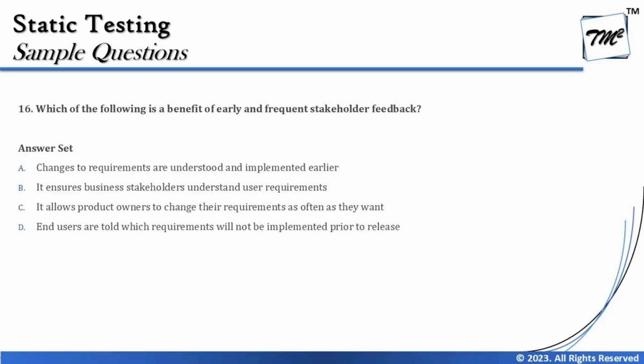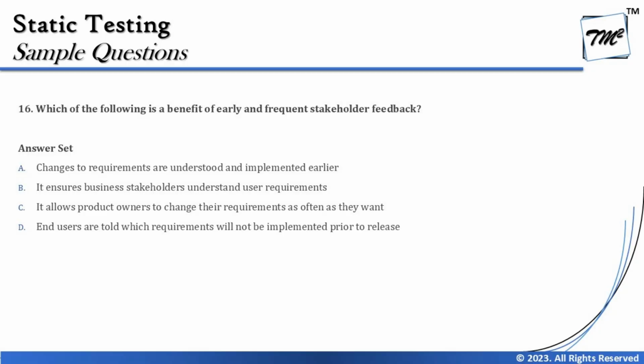Let's go to D. Option D says end users are told which requirements will not be implemented prior to release. That's again not something we are doing as a part of early and frequent feedback, because the ones which are not being implemented, we discuss early, like as a part of release or maybe early in the sprints, but not with the end user.